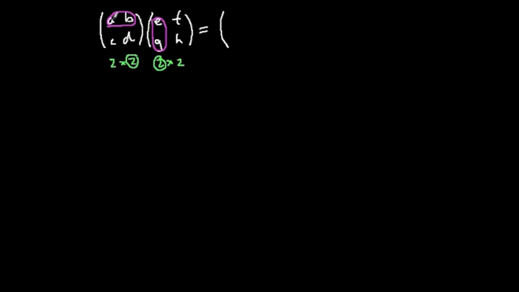I multiply A by E, and add it to B times G. So I end up with A times E add B times G. And that's the element which is in the first row, first column of the matrix which is the product of these two matrices.